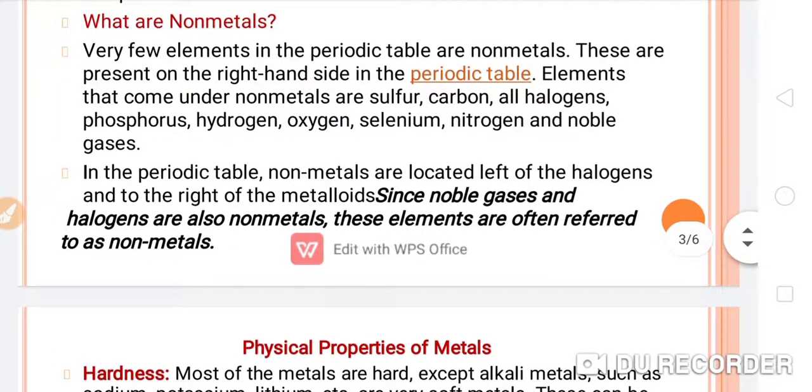In the periodic table, non-metals are located left of the halogens and to the right of the metalloids. Since noble gases and halogens are also non-metals, these elements are often referred to as non-metals. So students, all the elements which we have discussed under this heading, that is what are the non-metals, all will be non-metals.